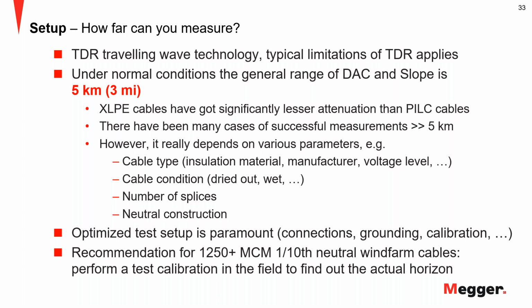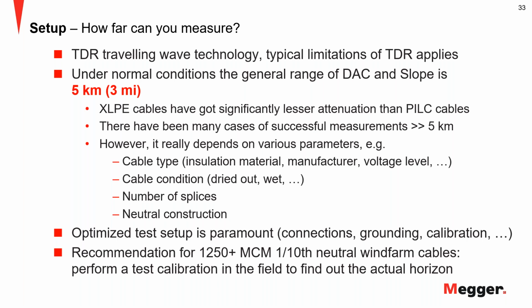A lot of splices diminish your measurement range, because each splice causes a reflection of the pulse propagation, so you have energy loss there. The neutral construction can have an effect. The only way to really make sure how far you can see, whether you see the far end, is a proper calibration.